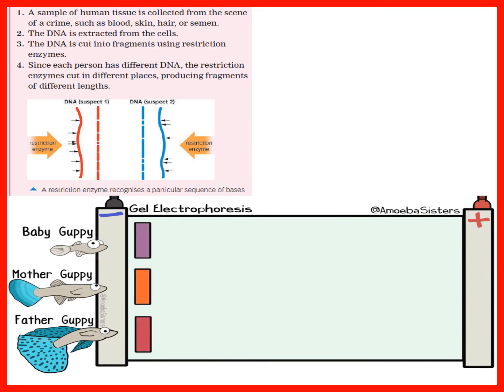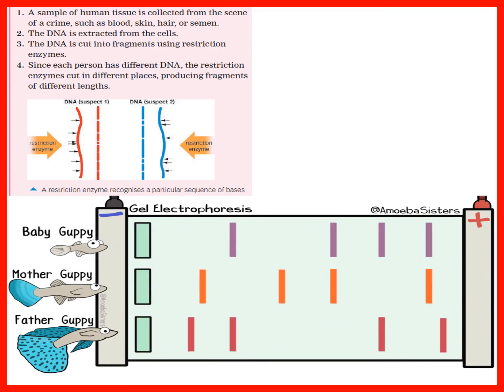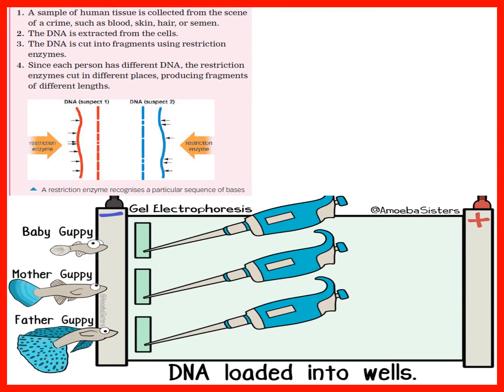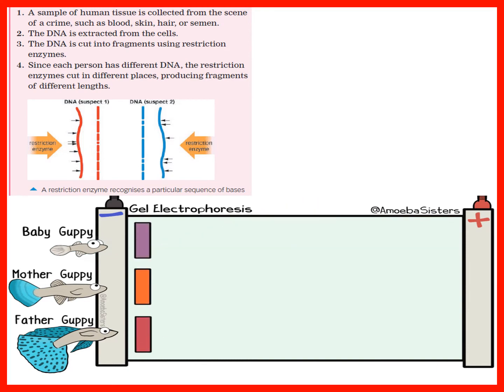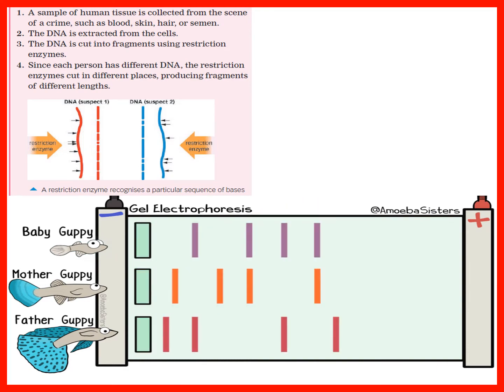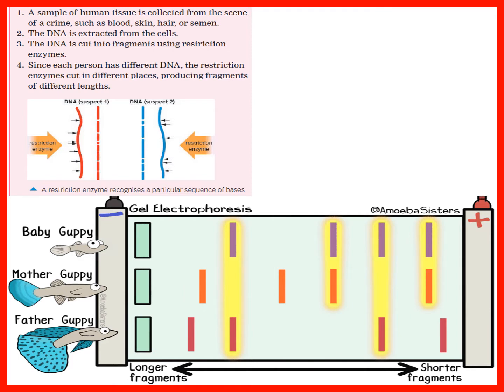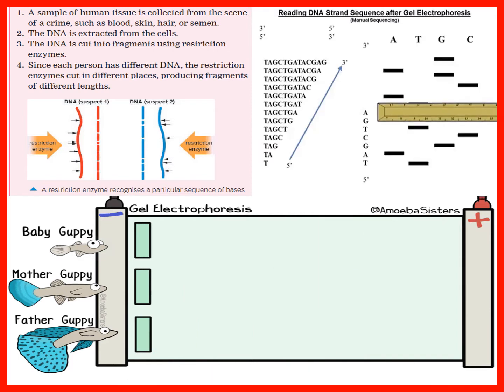So an example, as we mentioned, was in crime scenes to find out if the suspect is a criminal, or if we're looking at paternity, clearly half of the DNA fragments must come from the mother and the other half must come from the father. They can't come from any other individual.